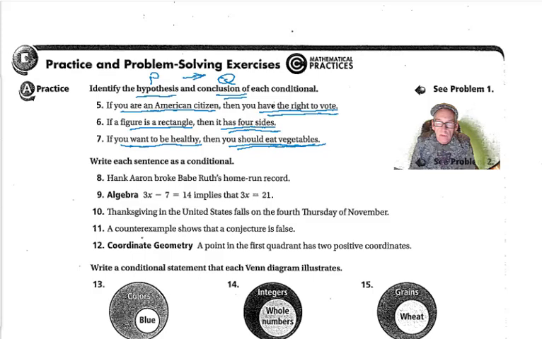If Babe Ruth's home run record was broken, then it was by Hank Aaron, maybe. If you were Hank Aaron, then you broke Babe Ruth's home run record. So if Hank Aaron, then broke Ruth's HR record.